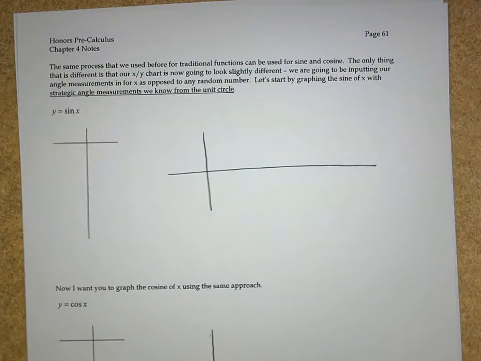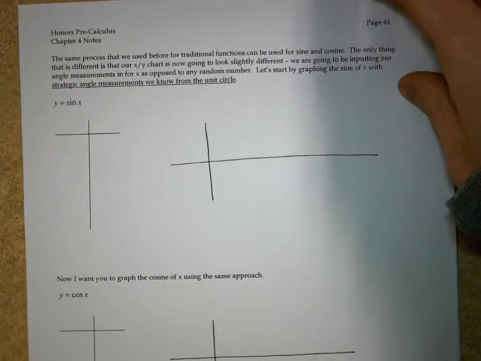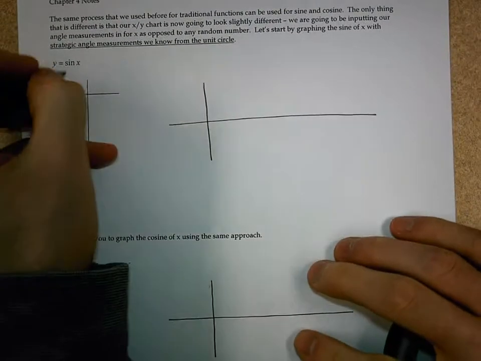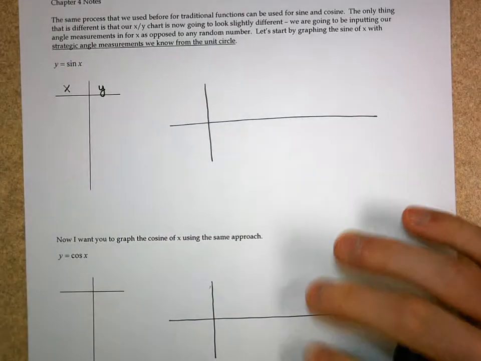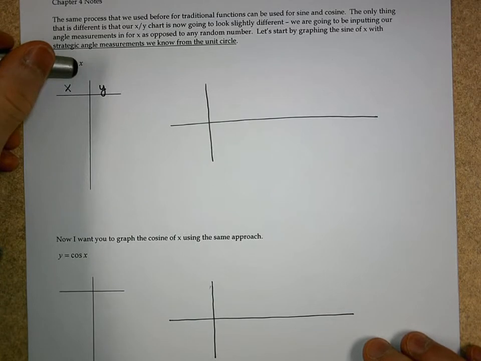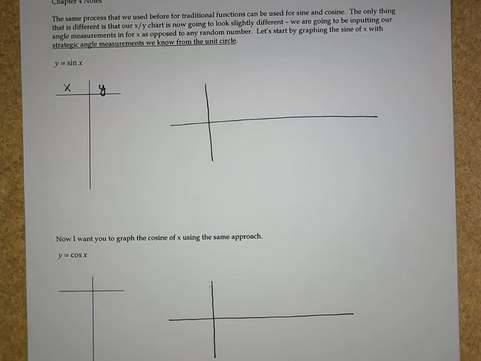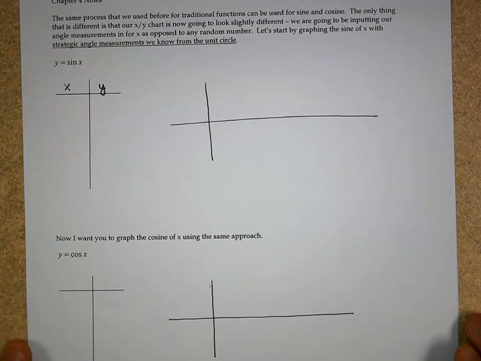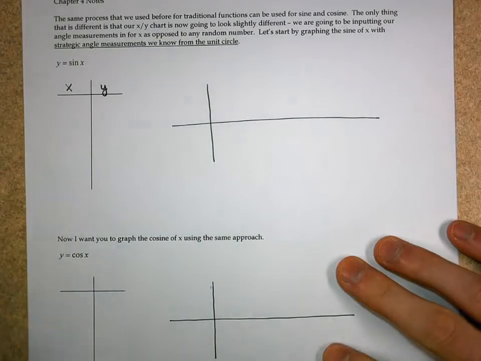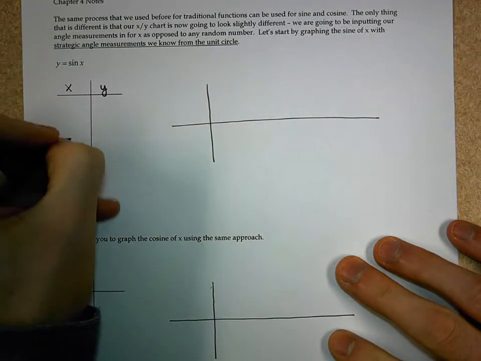So the first one we want to graph is y equals sine of x. We're going to use the same approach as we did before, where we're going to create an xy chart. But instead of me saying sine of 1 or sine of 2, those numbers are so bizarre, you would not know those off the top of your head. We're going to use values from the unit circle. And the easiest values from the unit circle to deal with are going to be the zeros and the pi's over 2.